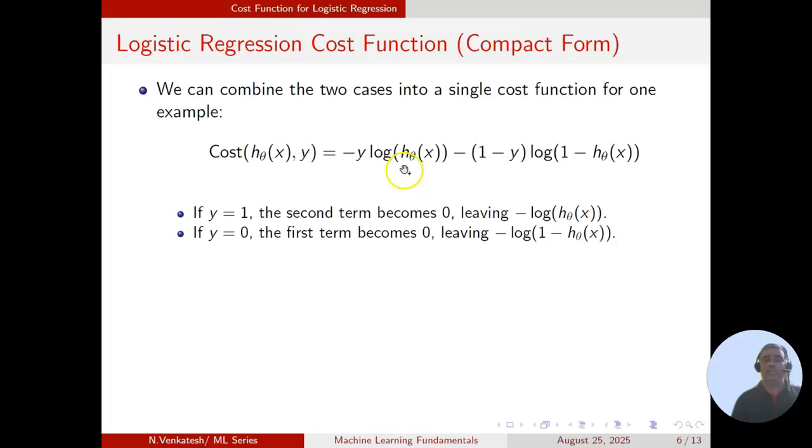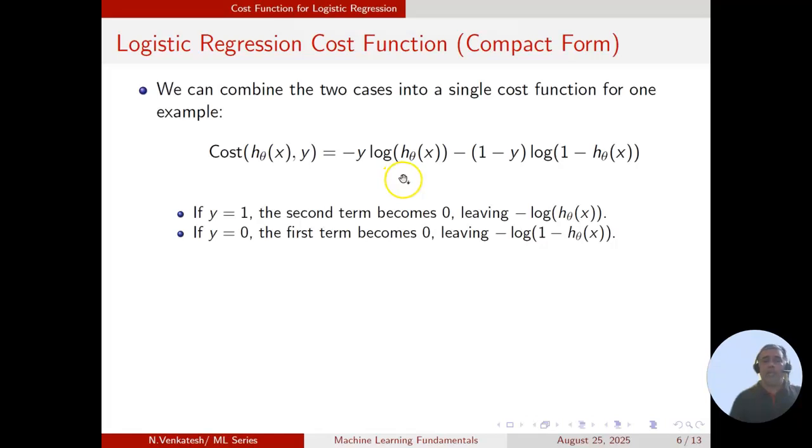You can see easily here, if y is 1, the second term is 0, and the first term is minus log of h theta of x, and it gives infinity if your hypothesis gives a value that is near to 0.